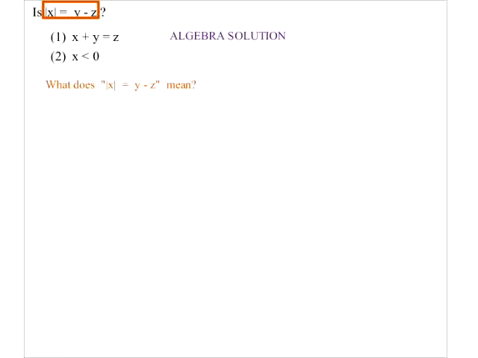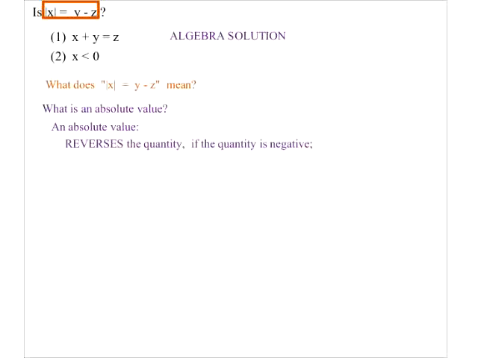So, remember what an absolute value is. What is an absolute value? An absolute value reverses the quantity if the quantity is negative, and doesn't reverse the quantity if the quantity is non-negative. That's what an absolute value does.